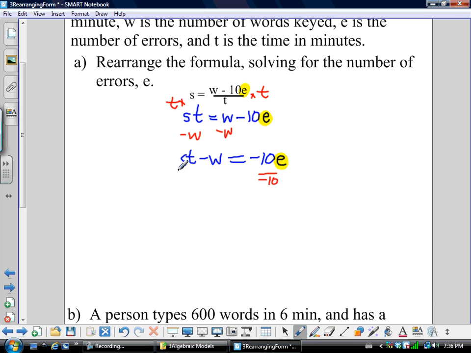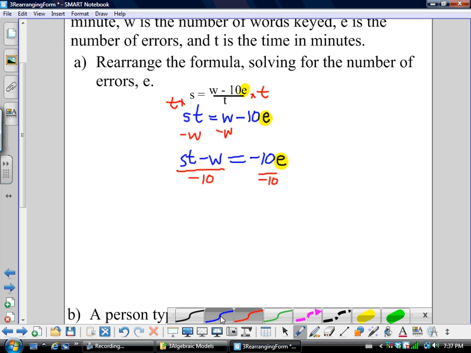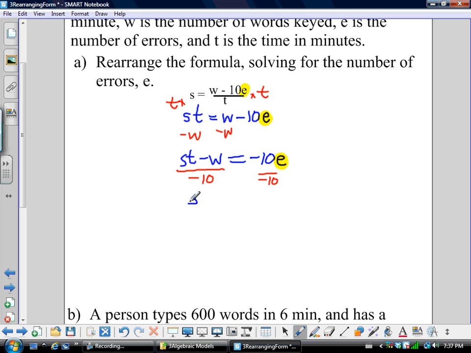Now when we're dividing both sides, everything on the left side has to be divided by negative 10. So the 10s cross out and we're left with E by itself, and again I'm going to put it on the left hand side, and what I'm left with on the right hand side is ST minus W, all of that divided by negative 10. Okay, so we've rearranged it for determining the number of errors.